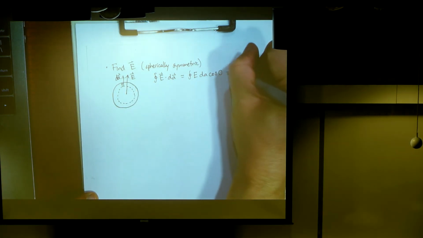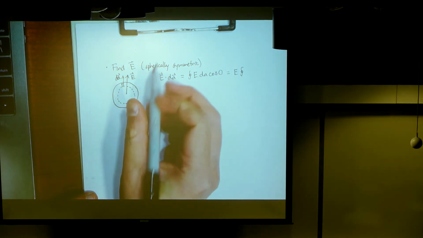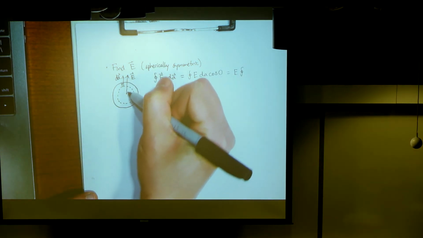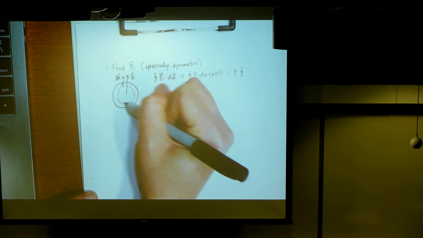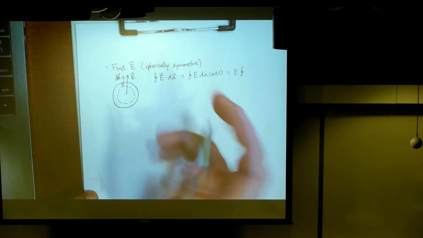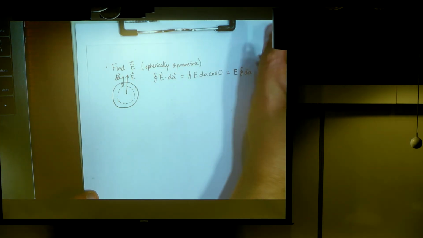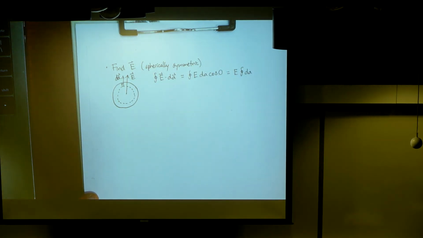Then we get to pull out the E field, because over the surface we drew, it's totally uniform. It only depends on distance from the center. So over this sphere, it has the same value everywhere, which is why we get to pull it out. And then we just have integral dA.